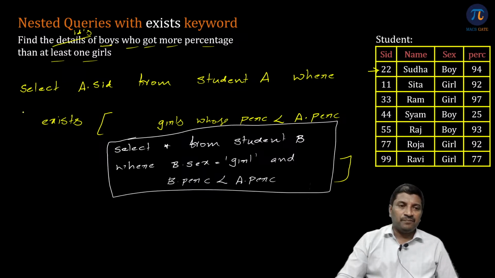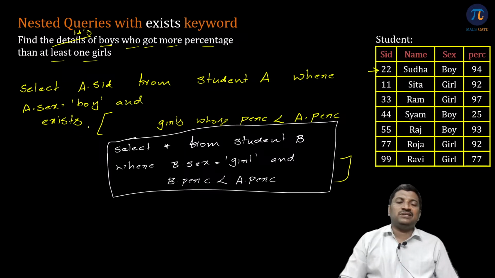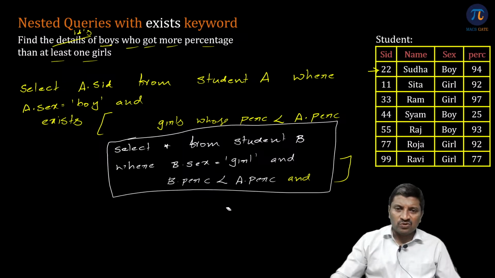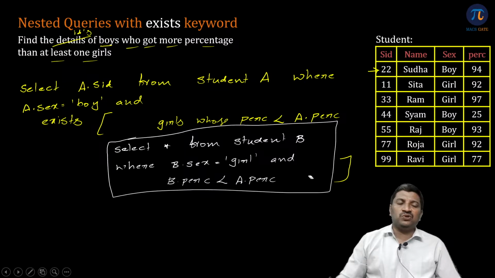So where A.sex equal to boy and exists, right? You can write it, or if you want, you can specify here also. Better to specify outside. So that is the story about the exists keyword.